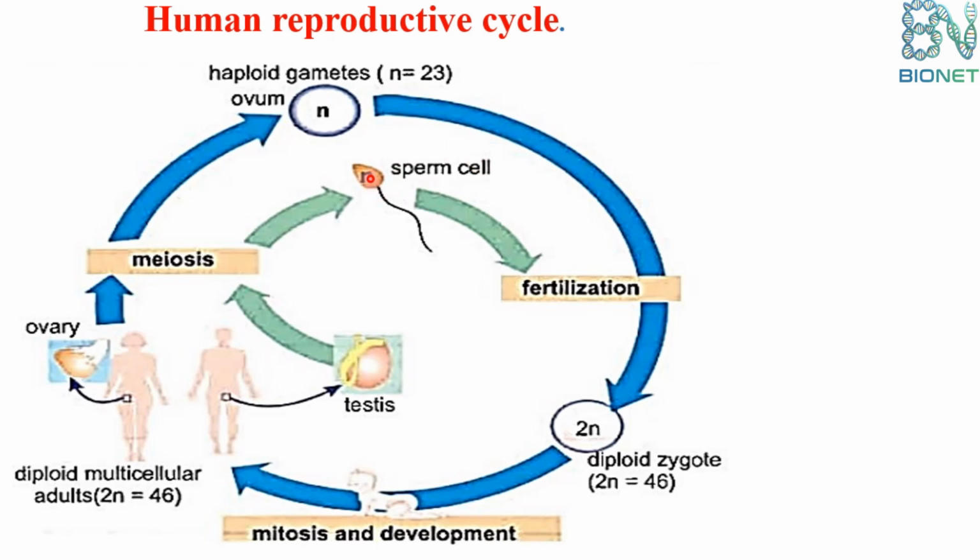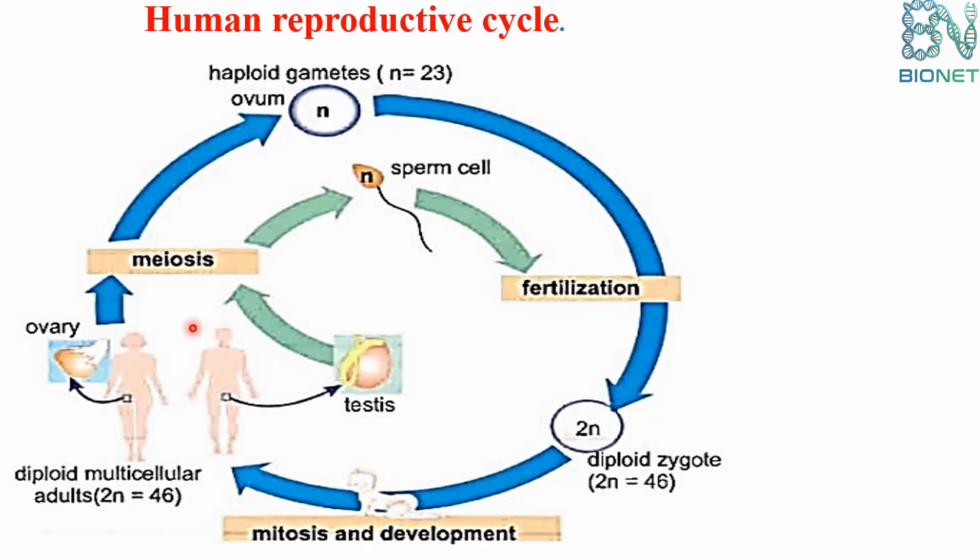Then, by the process of fertilization, the male and female haploid gametes fuse together to give a diploid cell known as zygote. This diploid cell will undergo many mitotic divisions, leading to the development and the growth of the individual that later on becomes an adult and the reproductive cycle begins.